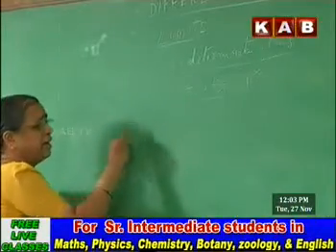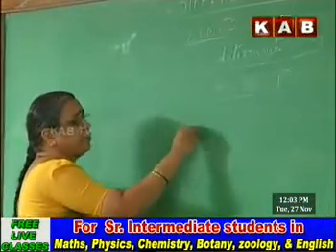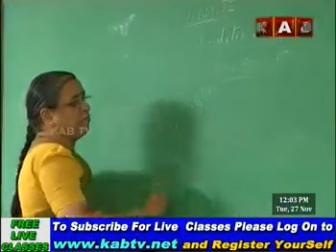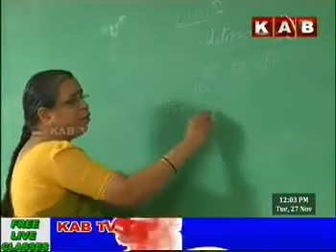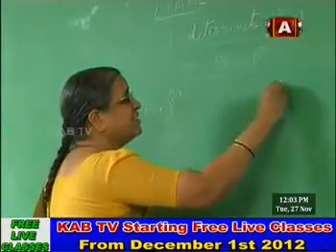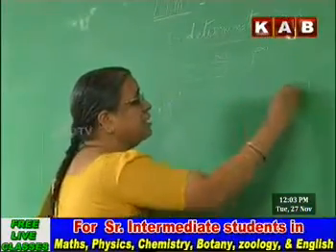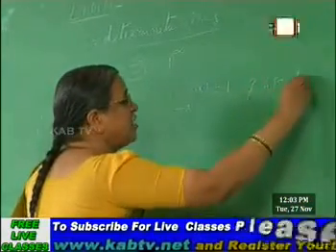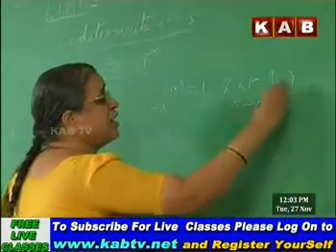Here limit is like this, f(x) to the power of g(x) as x tends to a. This is a 1 to the power of infinity form. That means limit of f(x) as x tends to a is 1 and limit of g(x) as x tends to a is infinity.